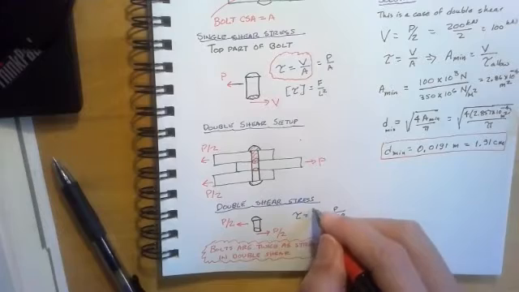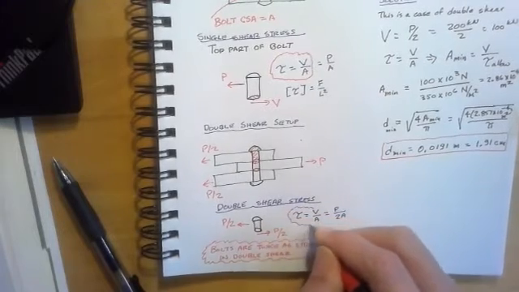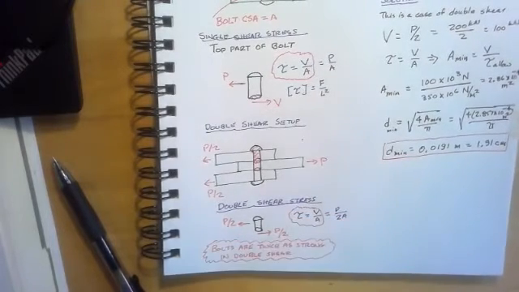So we would apply the basic equation, tau equal to V over A, to define shear stress. And that's going to give us tau is equal to P over 2A. So bolted connections are twice as strong in double shear as they are in single shear.